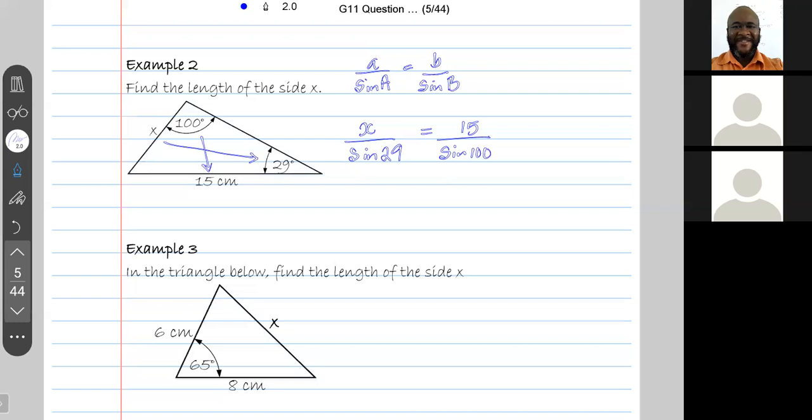Remember, what I want to find is X. So again, I'm going to do my sort of like a half cross multiply. I'm going to bring this up here. So X would be equal to 15 multiplied by the sine of 29 all over the sine of 100.